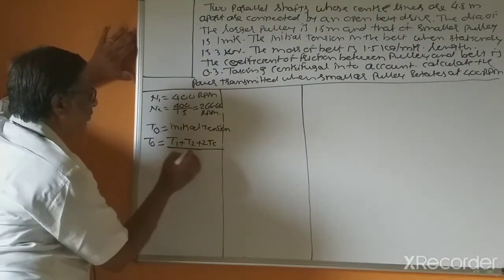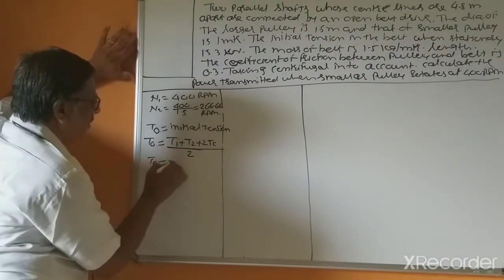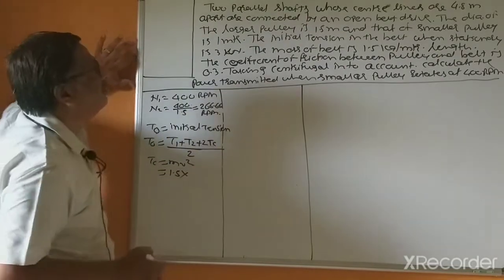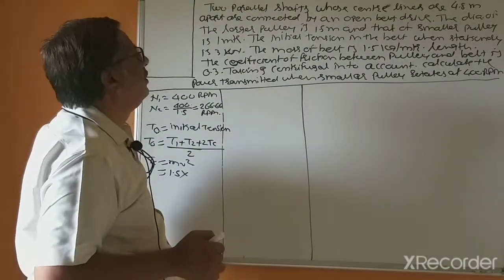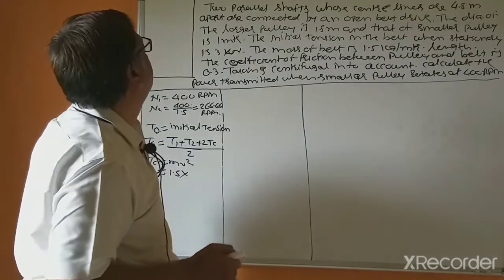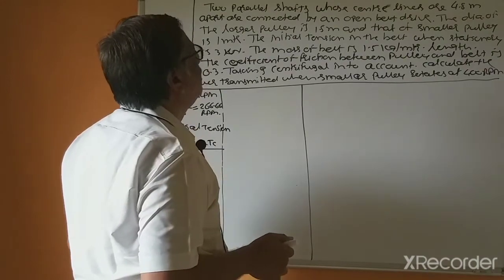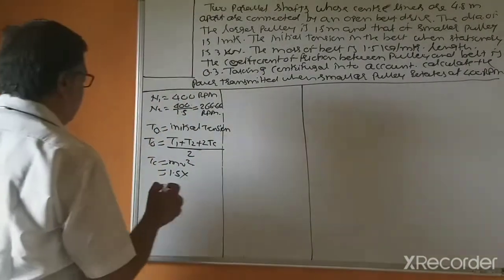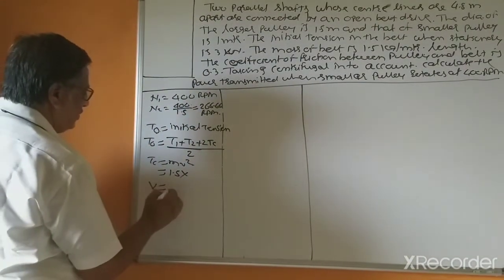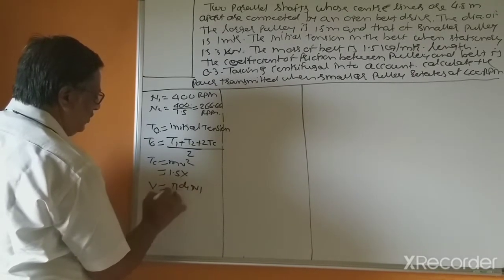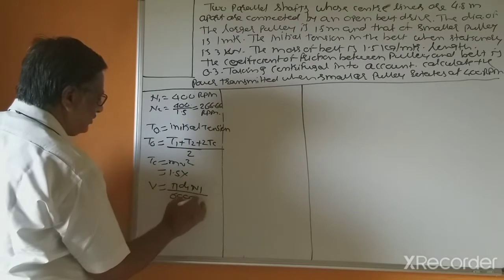So that's why Tc equal to mv squares, m equal to 1.5, and velocity of the belt is not given. So v you can calculate by using the formula pi d1 n1 divided by 60,000.